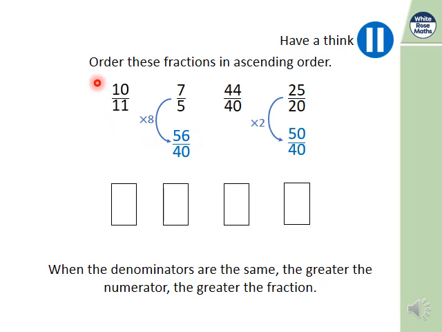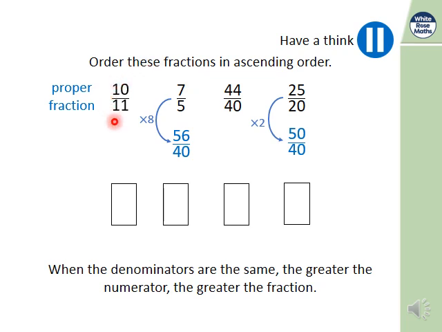But we said at the start, what do you notice about this one compared to the other fractions? And hopefully what we may have spotted is this is a proper fraction. The numerator is smaller than the denominator, whereas these are improper fractions, meaning they're greater than 1 whole.